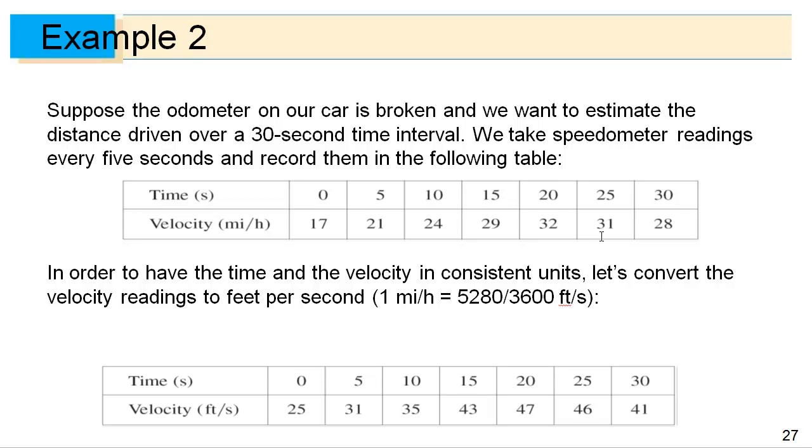Now, in order to have the time and the velocity in consistent units, because our time was in seconds and our velocity was in miles per hour, it might be a lot easier to convert our velocity readings into feet per second so that we have time in seconds and velocity in something per second.